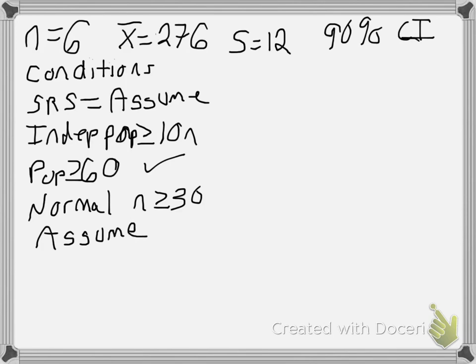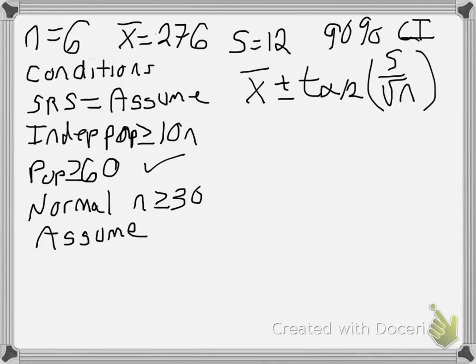All right. So, what do we do? Well, we go right back to our formula. x bar plus or minus t of alpha over 2 times s over the square root of n. Once again, we have everything that we need except for t of alpha over 2.